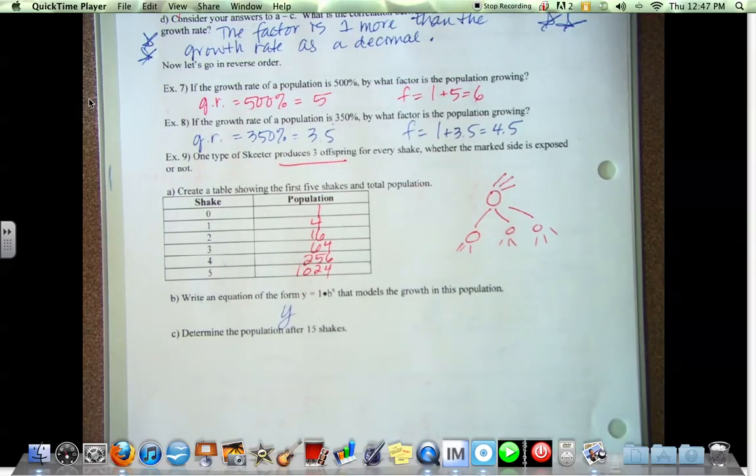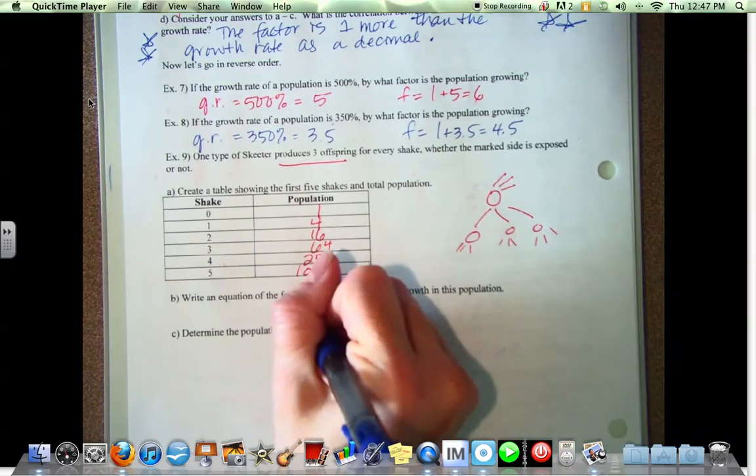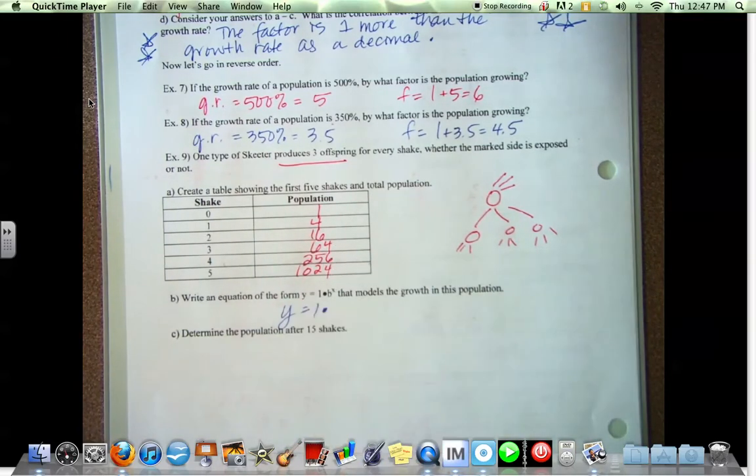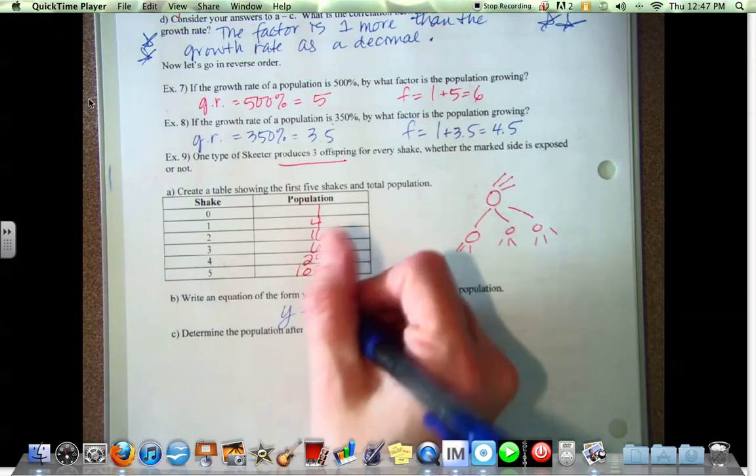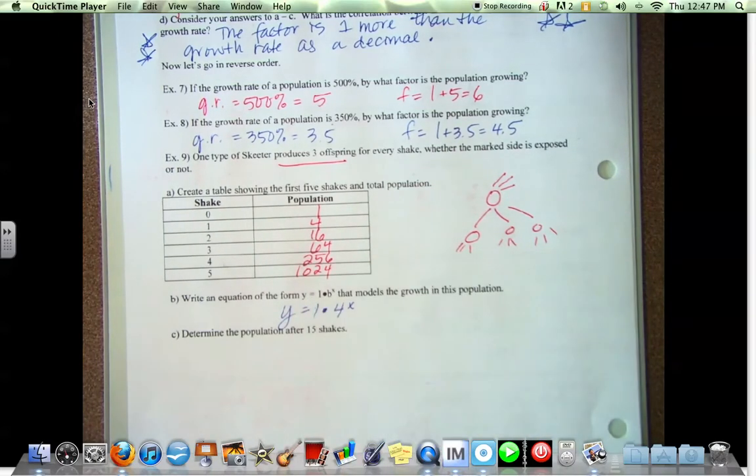Write an equation of the form y equals 1 times b to the x that models the growth in this population. So y equals 1 times 4 to the x. Determine the population after 15 shakes.